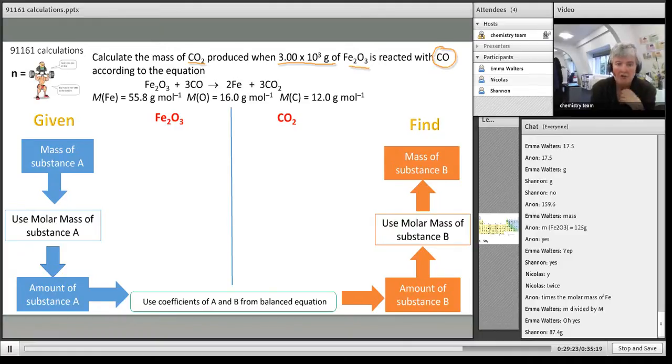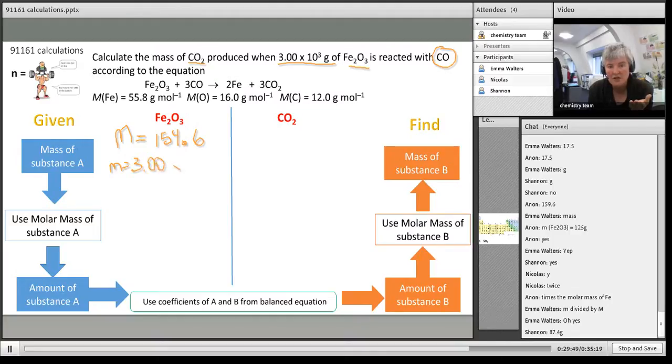So we already know the molar mass because we've calculated before. That's why I've just stuck to the same substances. So it's 159.6. Okay, we know the mass, and I've used scientific notation here because I find some students can't use the calculators correctly with exponentials.